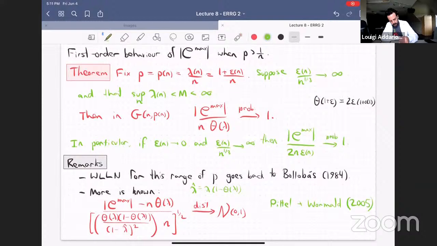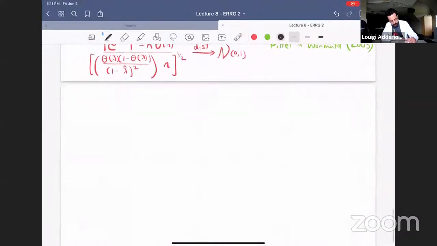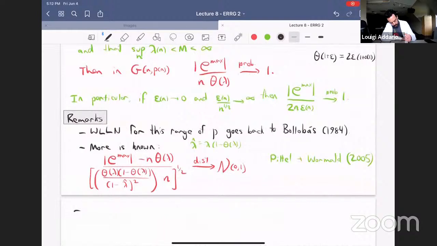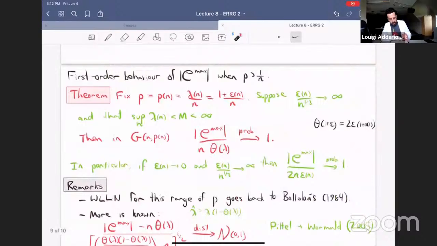There's one more remark I'd like to make. It might seem a little bit unfortunate that I stop at some fixed value m here. But this also implies something: if p_n is like lambda_n over n, and lambda_n tends to infinity, then for any sequence we could always take lambda to be a constant sequence, equal to a fixed value.